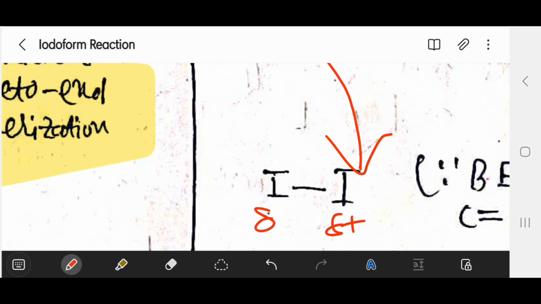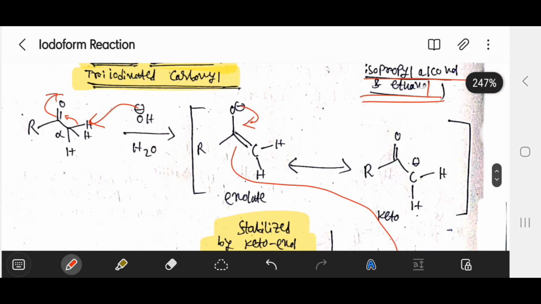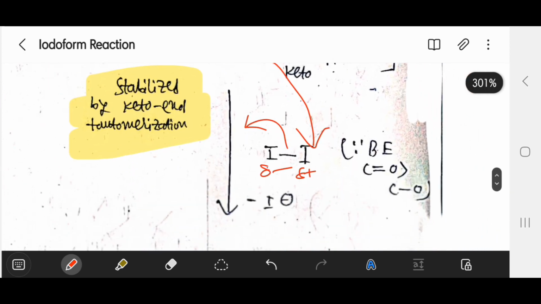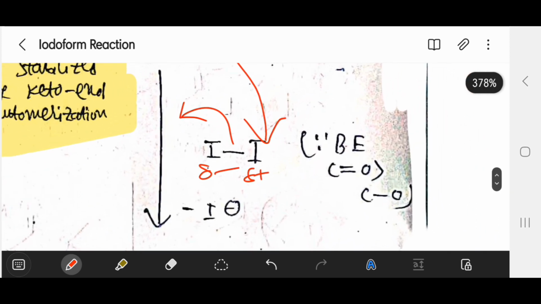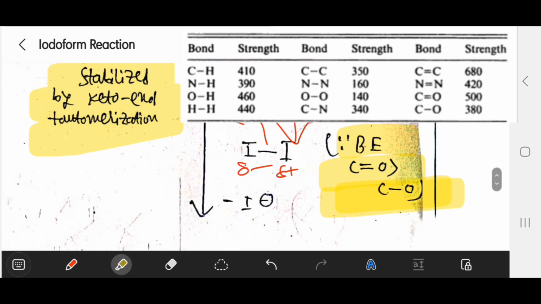This is delta plus and delta minus, and this bond will break to generate I minus, and the I minus is removed. And why is this favored? Why is the carbon-oxygen double bond formation and the progression of this step favored? This is because the bond energy of a carbon-oxygen double bond is much more than a carbon-oxygen single bond.